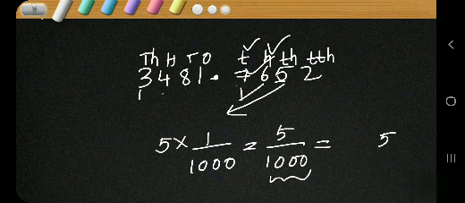So actually 3 places should be there, and for the other 2 places we have to put zeros. For the rest of the 2 places, we have to put 0. So what would be the answer? 0.005 is the answer.